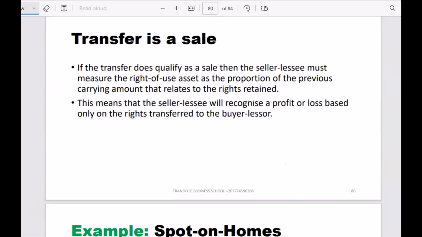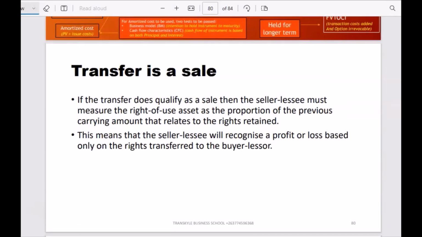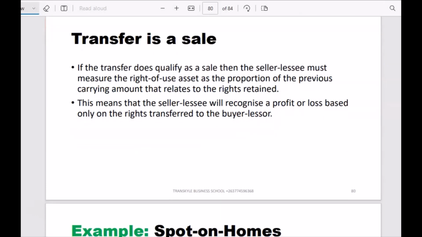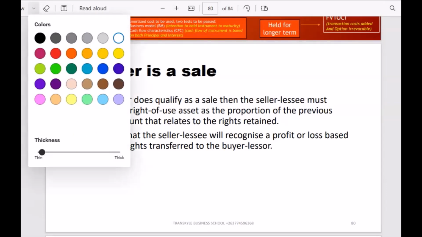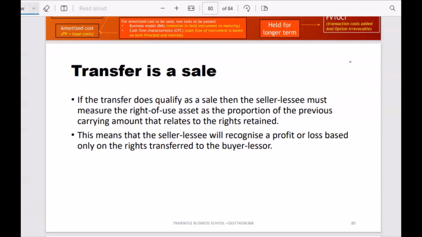Let's move on now. What about when the transfer is actually a sale? If the transfer is actually a sale, then we have to sweat a little bit.